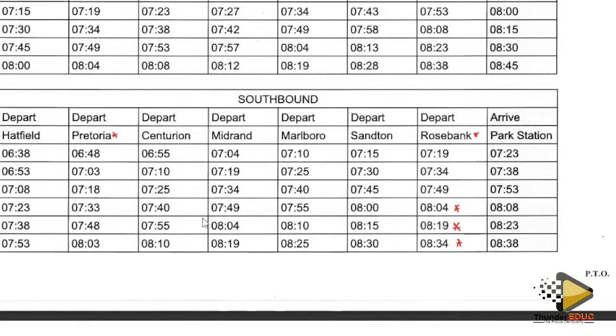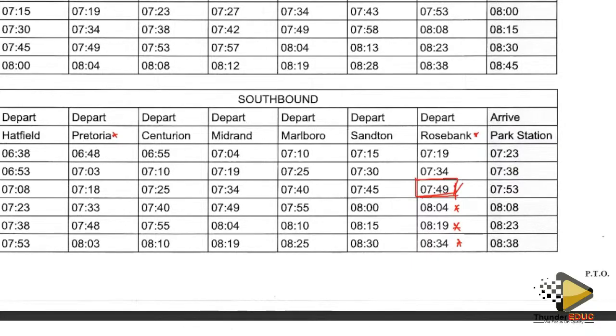So it's supposed to be this train here, because this one will arrive at Rosebank at 7:49. So it still has 11 minutes to 8. You see that? But remember, he has to walk 10 minutes. So he has 1 minute to spare. You understand?